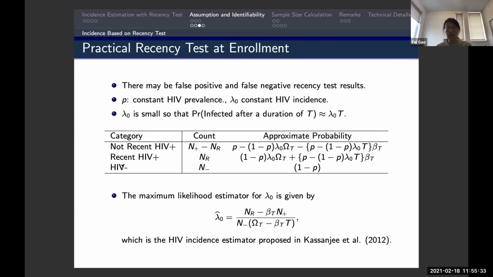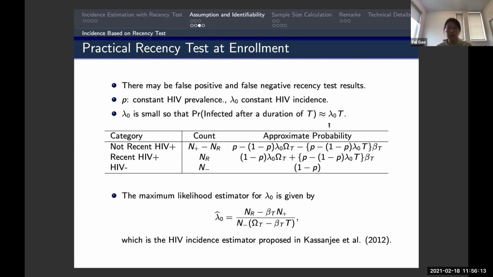For those HIV negative subjects, we observe n minus of them, and the approximate probability will be 1 minus P, just 1 minus the prevalence. For those identified as recently infected by this recency assay, the total number will be NR. Its probability will be associated with the prevalence, with the incidence lambda 0, and also related to omega T and beta T, which are related to the properties of this recency assay, namely the false positive and false negative probabilities.